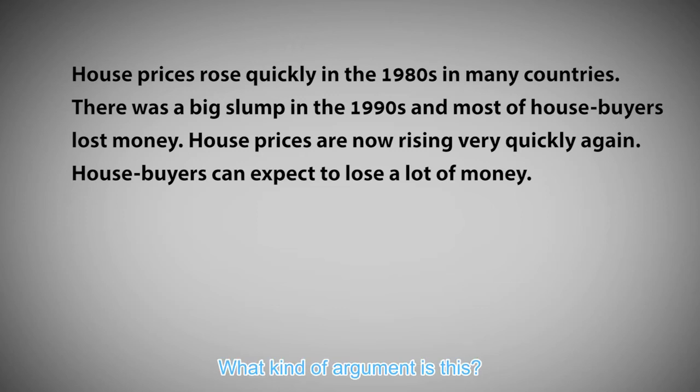What kind of argument is this? It's an analogical argument. So we should ask first if the two parts of the analogy are truly similar. The author here compares the environment that influenced the house prices in the past with the present environment that is influencing house prices.